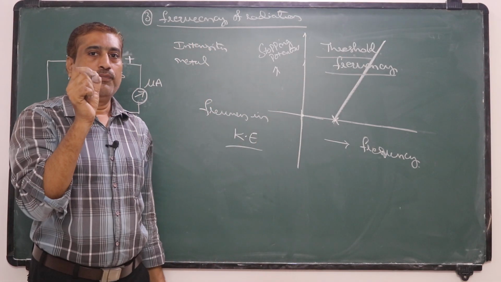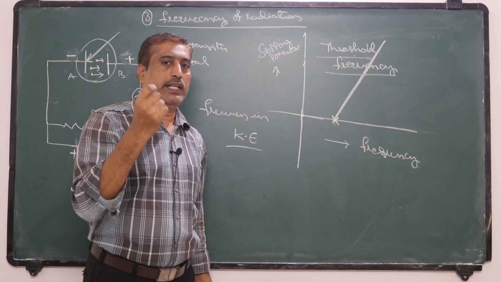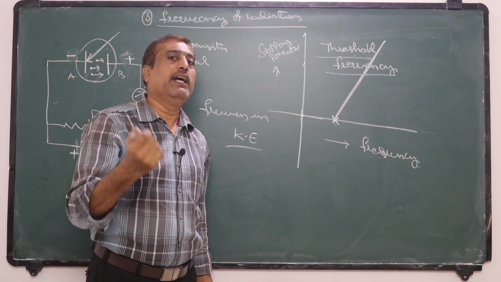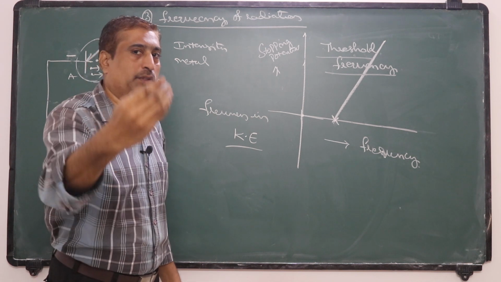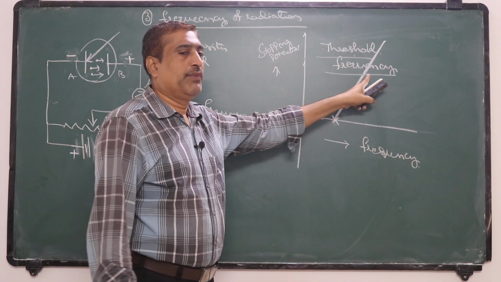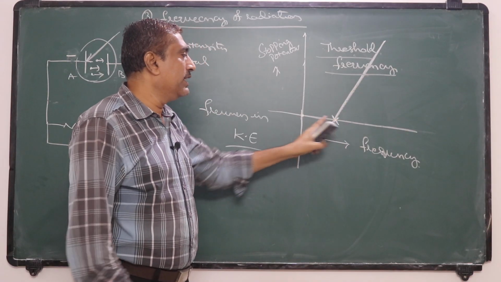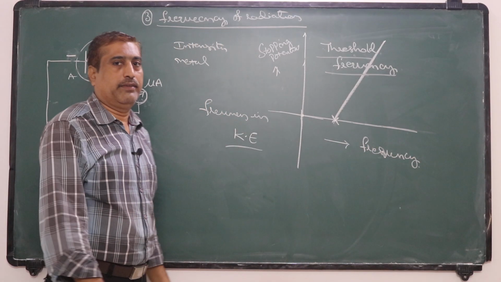So to emit an electron from a metal surface, a minimum energy is required, and the frequency corresponding to that particular minimum energy is called the threshold frequency. So if the frequency is less than the threshold frequency, photoelectrons are not emitted.